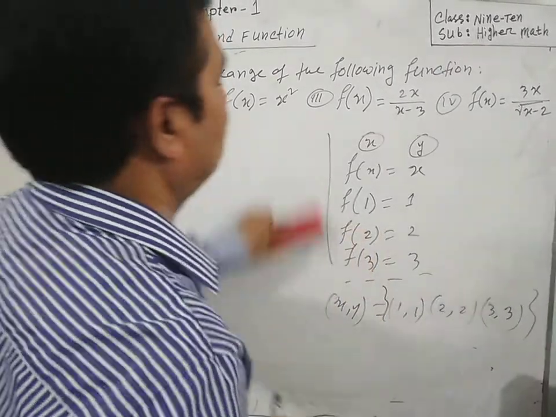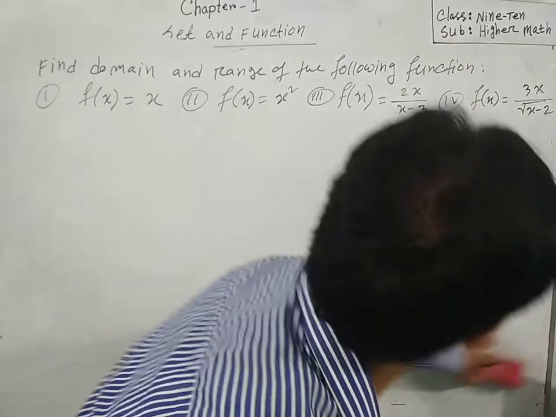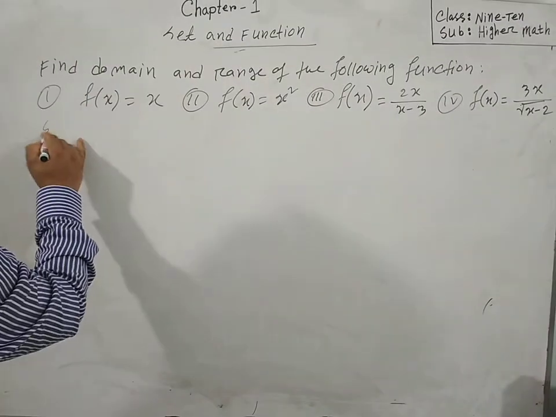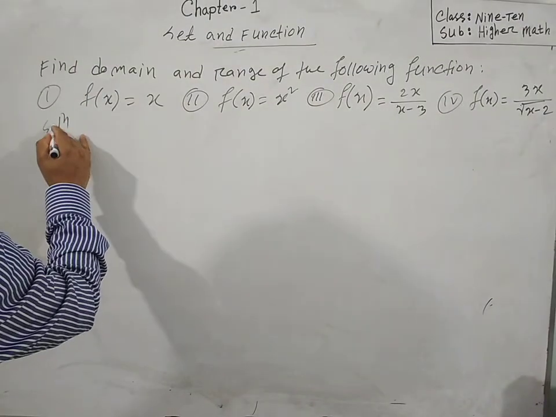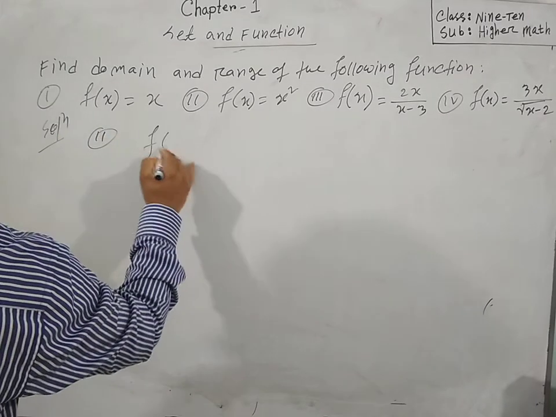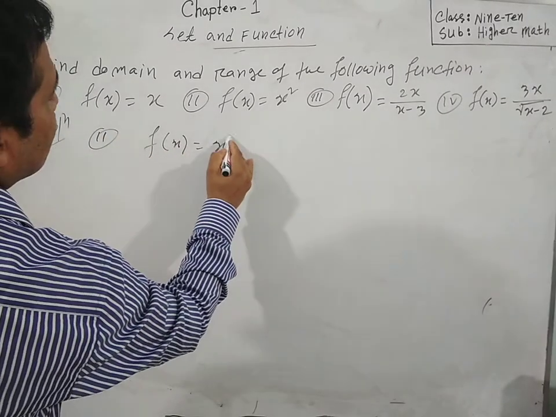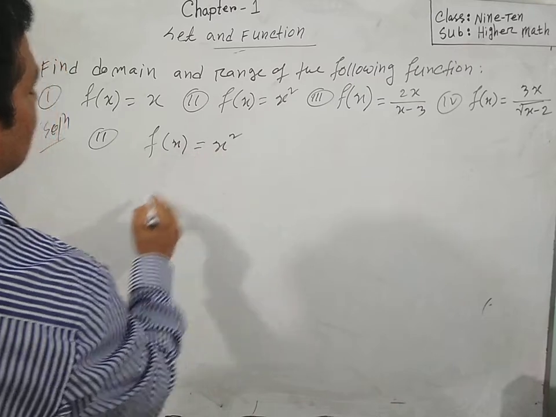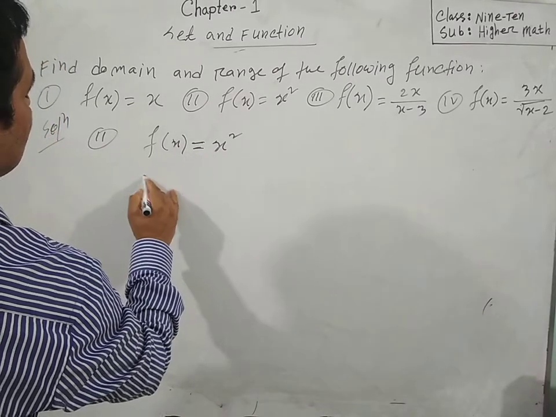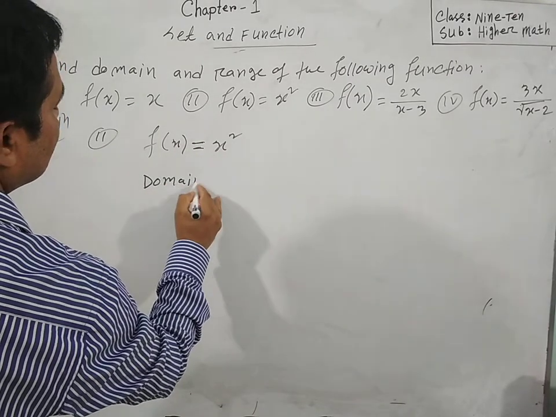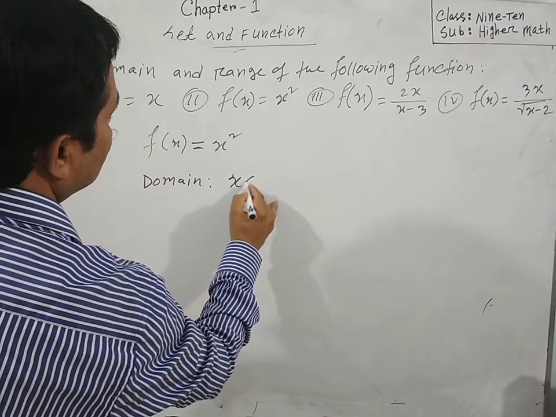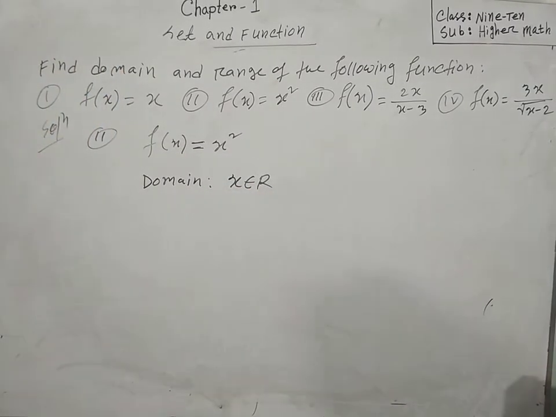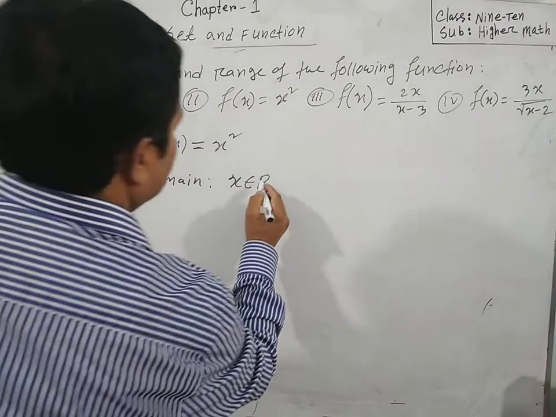This is rough work. Next, solution 2, f of x equals x square. Here domain also x belongs to R, because here all real values are true for x.